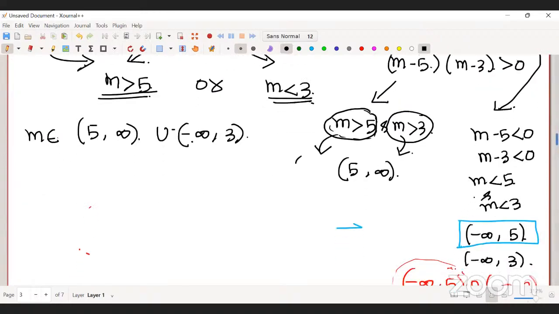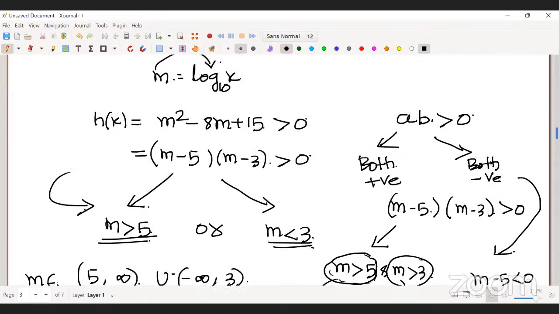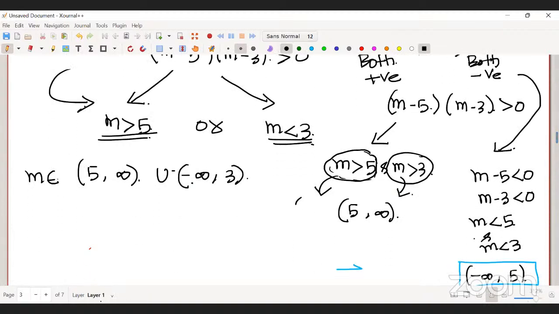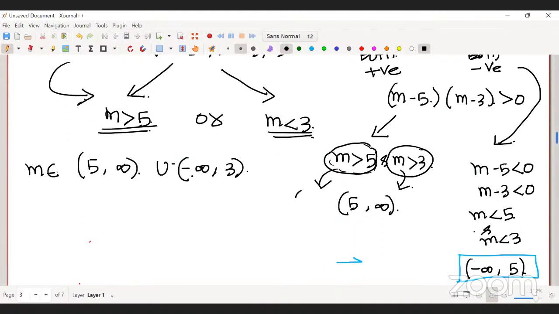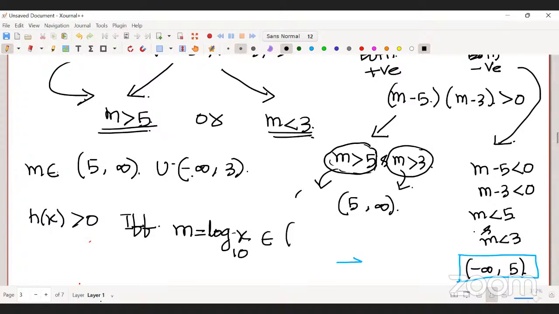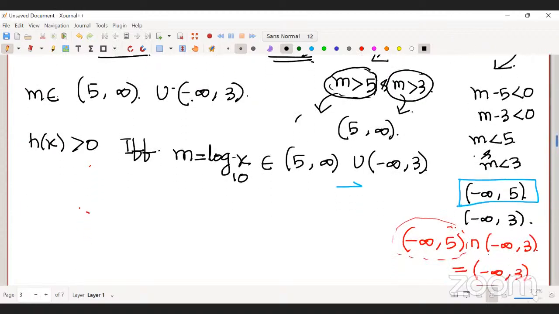So what is my m? m is log x base 10. So finally I can write h of x is positive if and only if m, which is nothing but log x base 10, is in this interval.